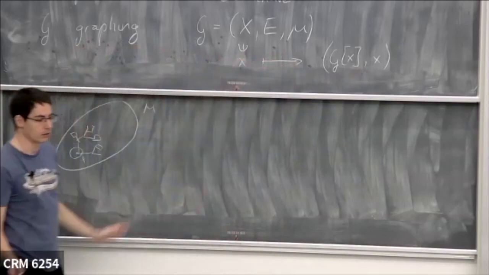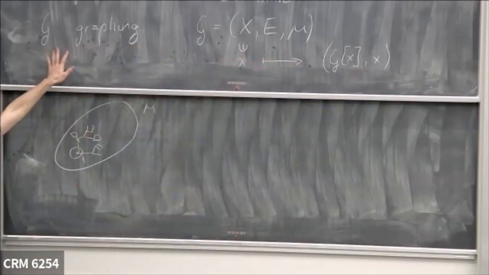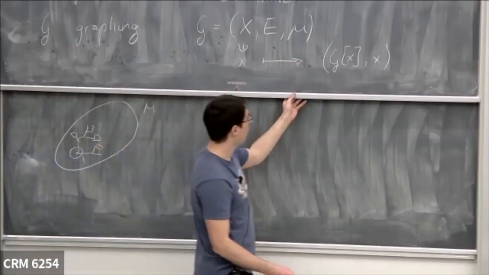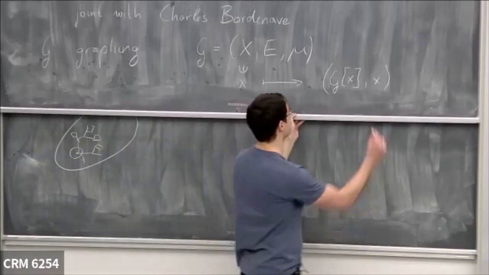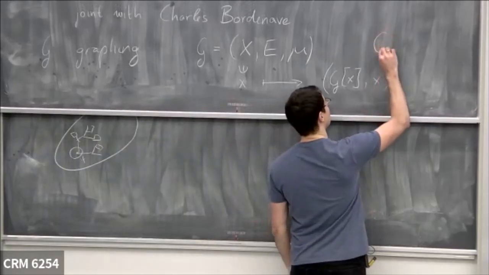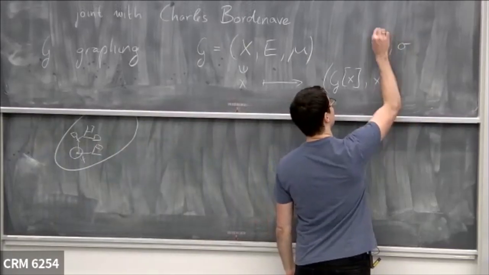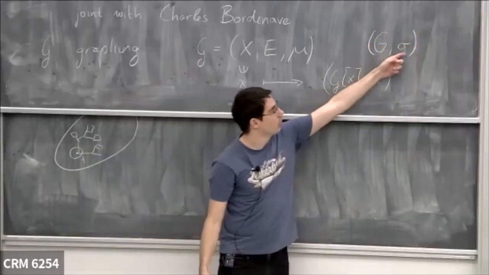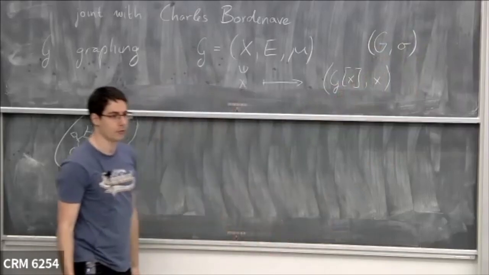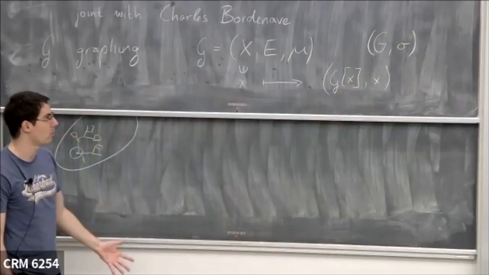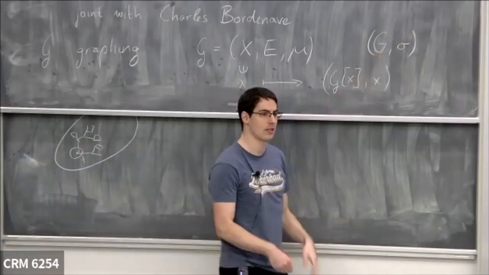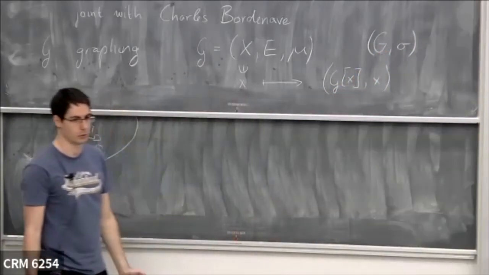This is a technical thing. You can just think about it as the PMP condition here. I won't define it, but I will try to follow Sam in the sense that most of the time I will denote it by GO. So calligraphic G is the graphing, and then GO is a random rooted graph with the probabilist notation. So this is a random variable which takes its values in the space of rooted graphs.